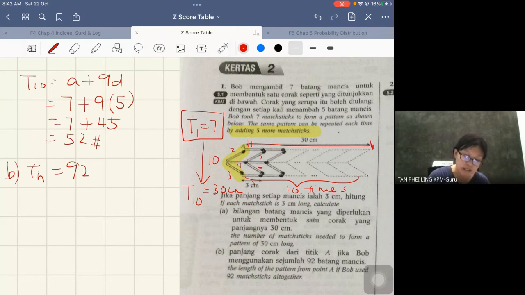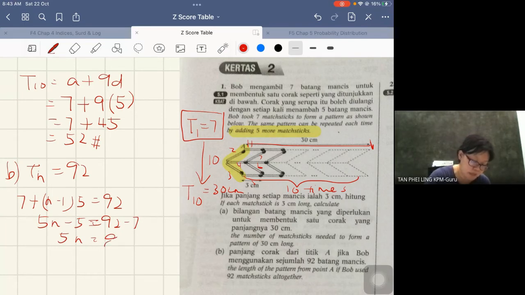So 7 plus (n minus 1)d, where d is every time 5 matches, equals 92. So 5n minus 5 equals 92 minus 7. 5n equals, this one you have 85, 80, 90, right? Press calculator. 92 minus 7 plus 5. So you're going to get 90.